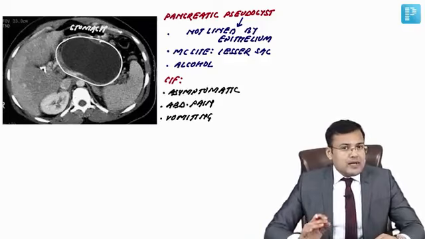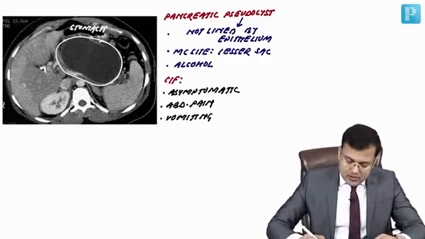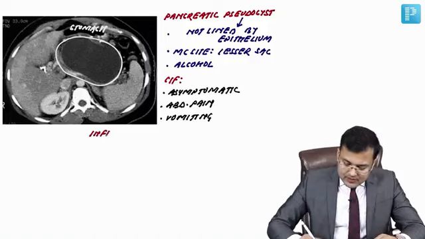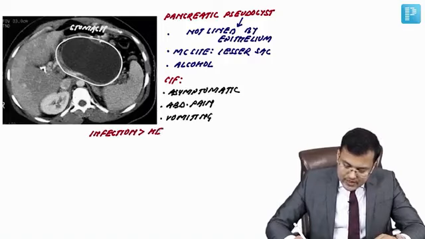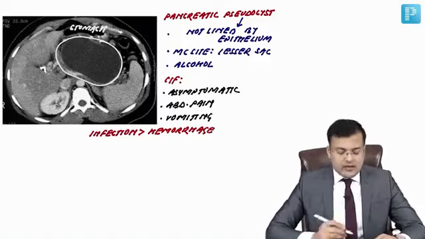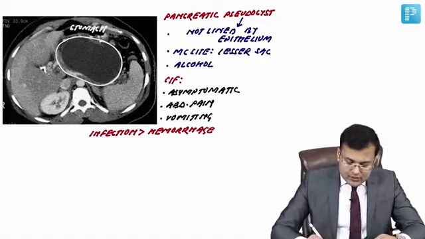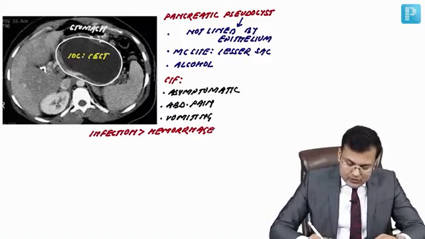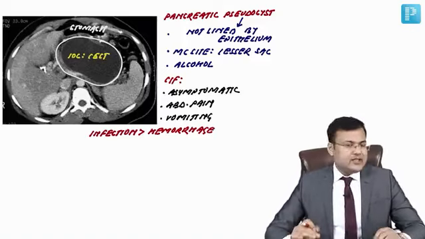The most common complication is infection followed by hemorrhage. And here you can see which investigation is this? This is CECT. Investigation of choice for diagnosis of pseudocyst is CECT.